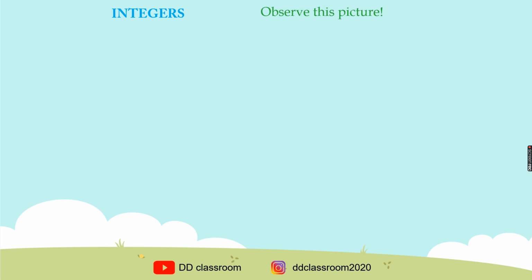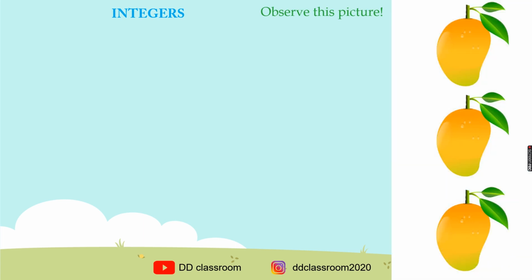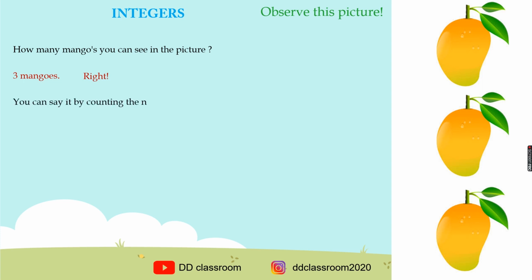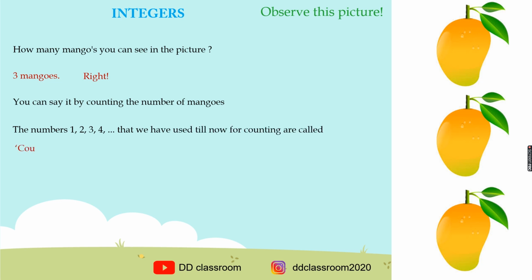Observe this picture. How many mangoes you can see in the picture? 3 mangoes, right? You can say it by counting the number of mangoes. The numbers 1, 2, 3, 4 like that we have used till now for counting are called counting numbers.